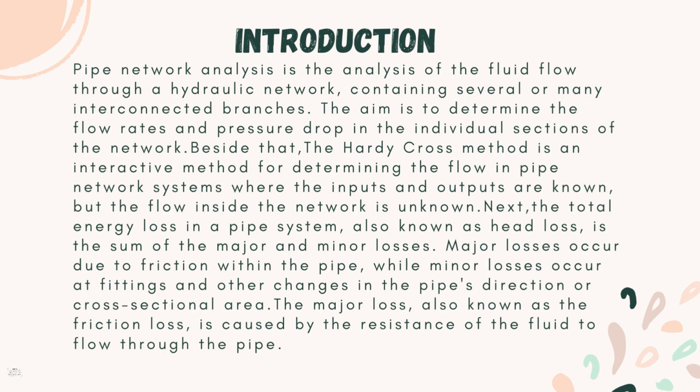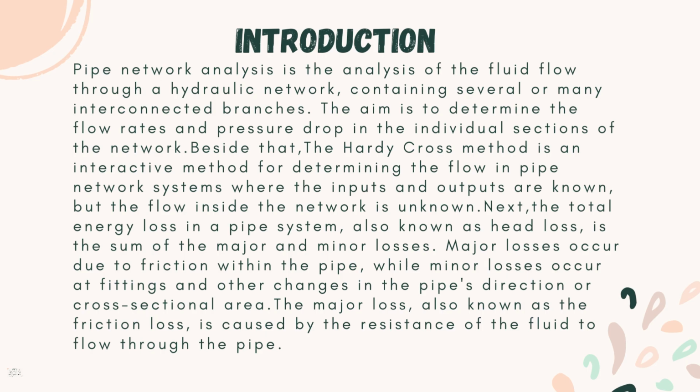In fully turbulent flow, it depends on the Reynolds number and the relative roughness of the pipe wall. In engineering problems, the friction factor is determined by using the Moody diagram.